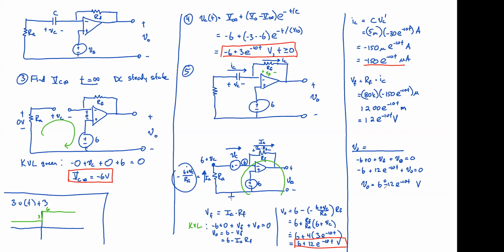Wouldn't your VF be negative 12 e to the negative 10t because you're multiplying it by 80k times negative 150? Oh, that was it. Thank you so much.